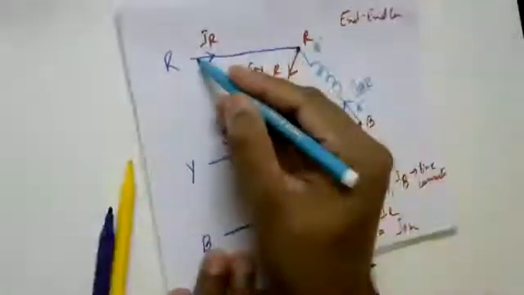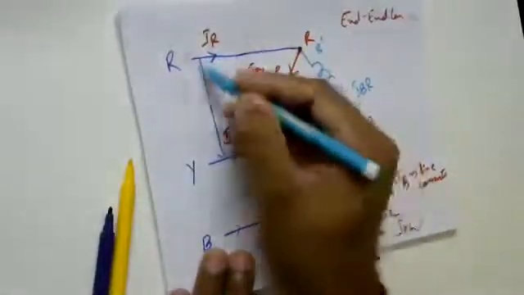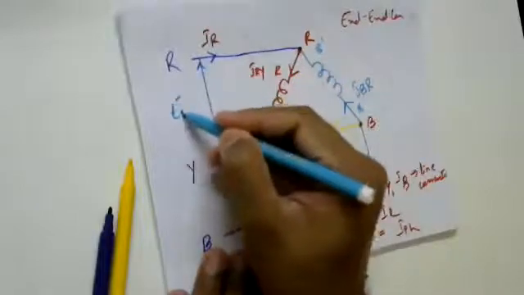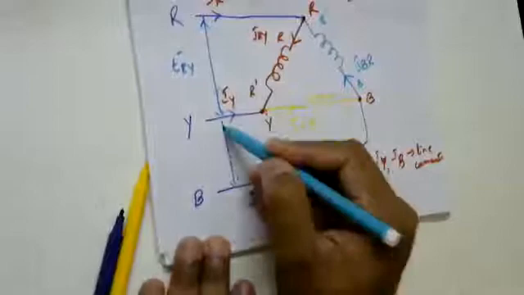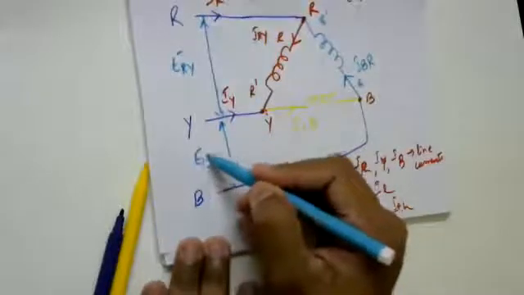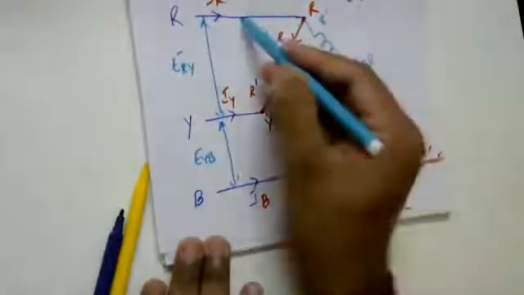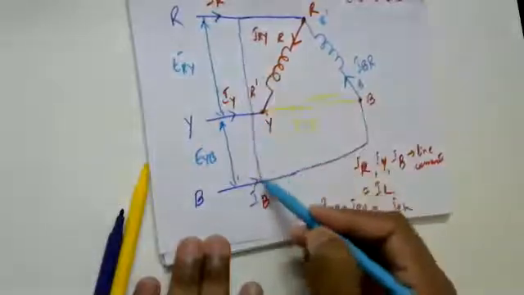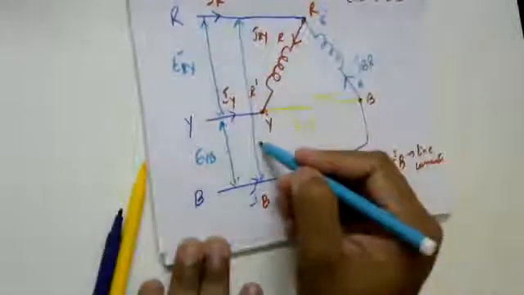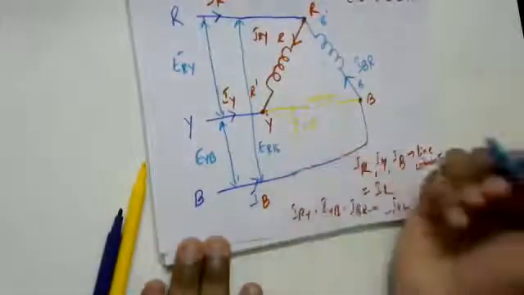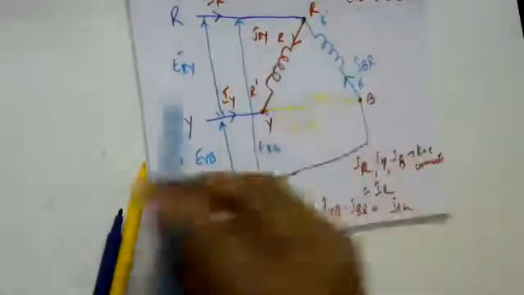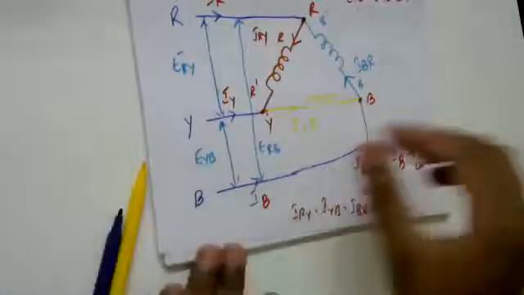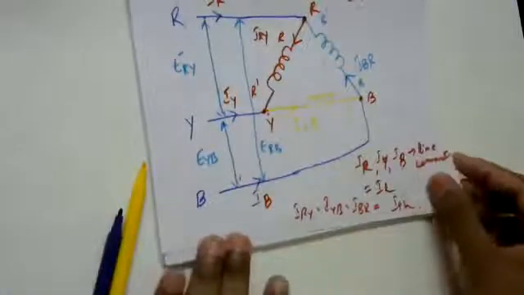The voltage between R and Y, I say it as ERY. Voltage between Y and B, I say it as EYB, and voltage between R and B, I call it ERB. So I'm having only one type of voltage, the phase voltage. The phase voltage will be equal to the line voltage in the delta connection.